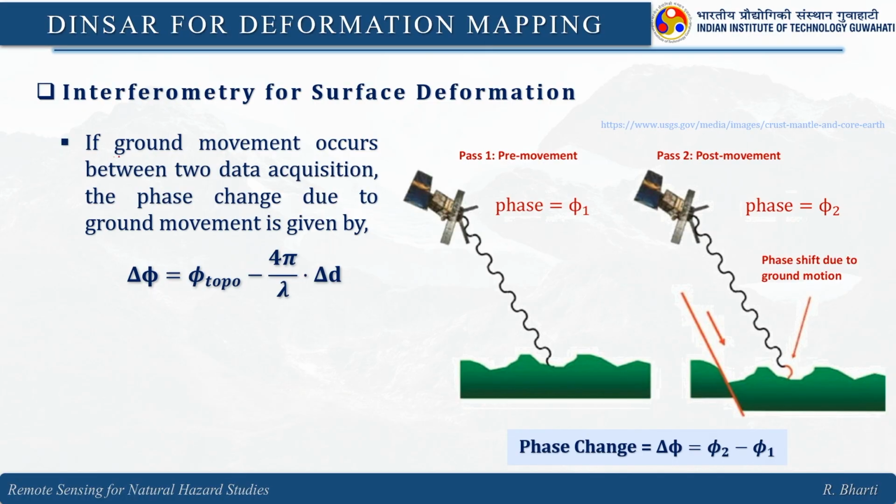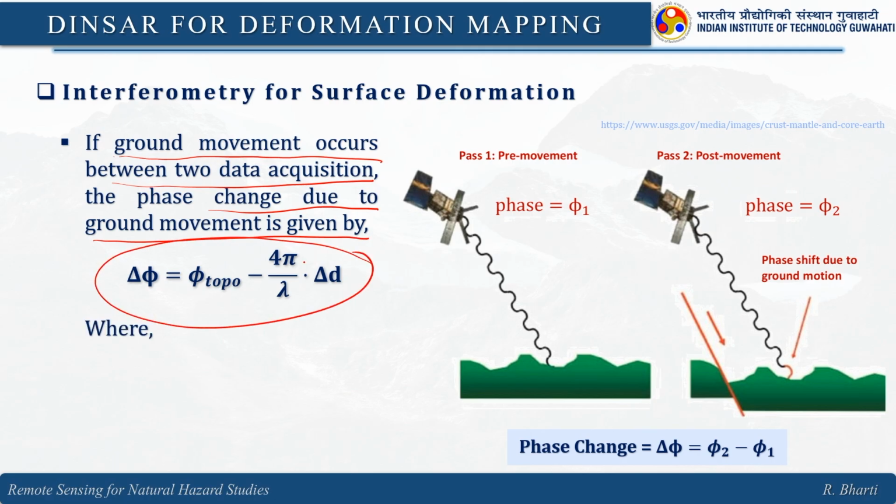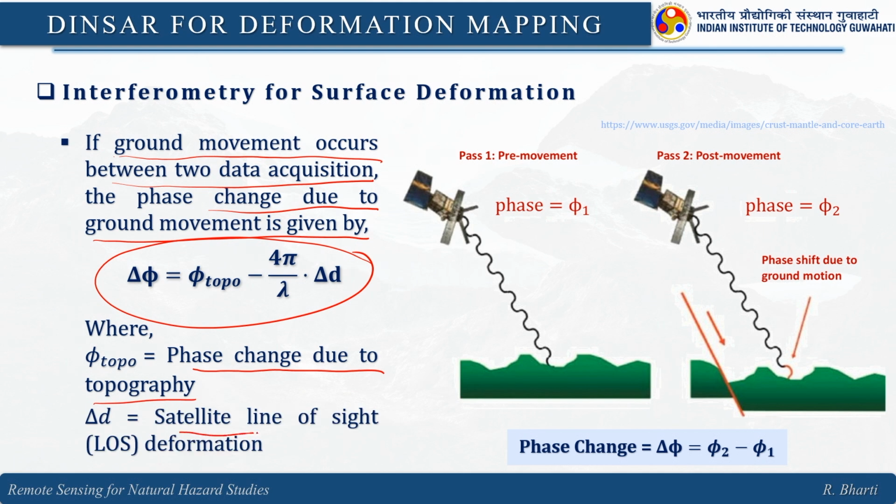Now, how can we utilize this for the surface deformation study? If ground movement occurs between two data acquisitions, the phase change due to ground movement is given by this relationship, where we are using phase change due to topography and then satellite line of sight deformation, right.